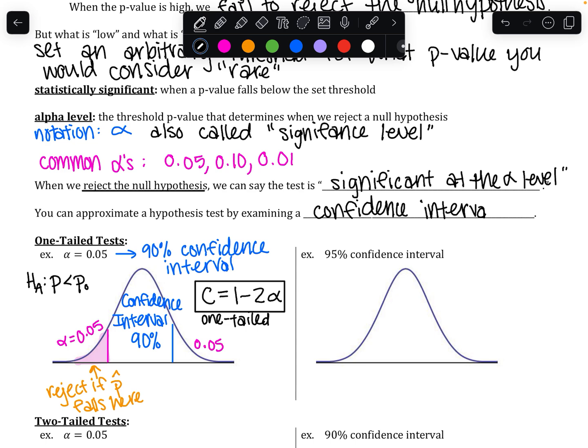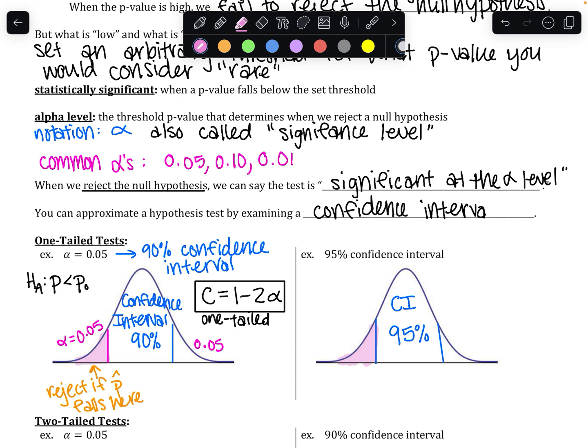Next, if I give you a confidence interval level and want to find the corresponding alpha, well, we know that our confidence interval is going to be in the middle. This is my confidence interval. We're saying it's 95%. If it's one-tailed, I only care about one side, right?